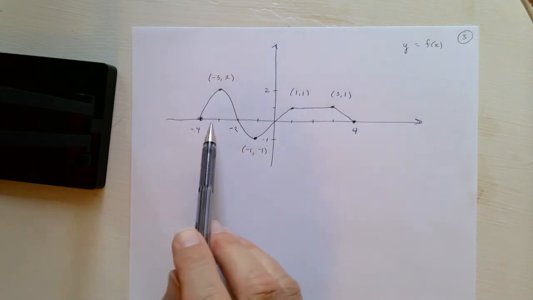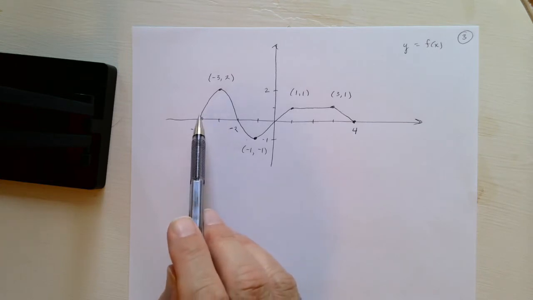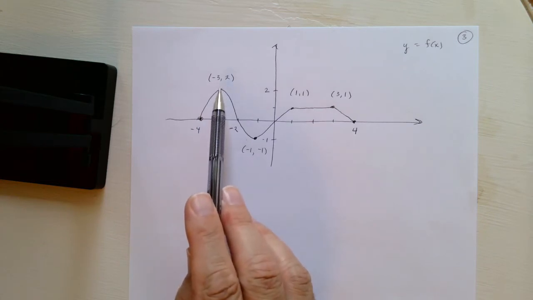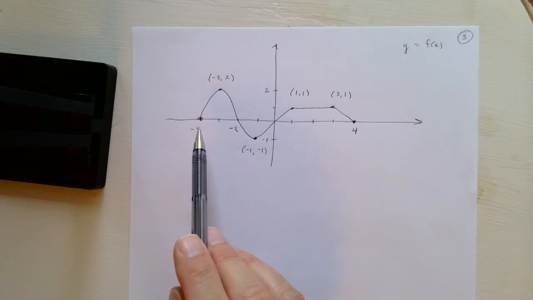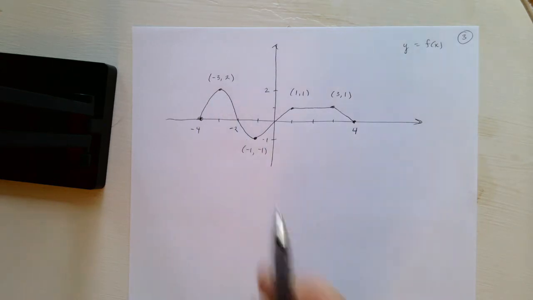So when we look here, we don't just say the function is increasing from here to here. We can say from here, the x-coordinate is -4. Here the x-coordinate is -3. So we can say that f is increasing on this interval from -4 to -3.